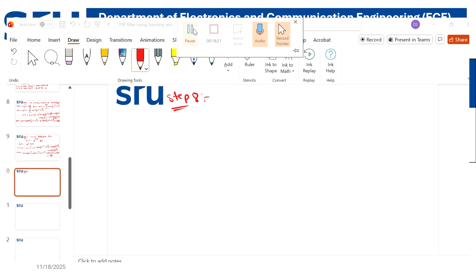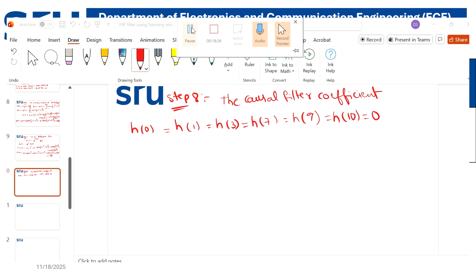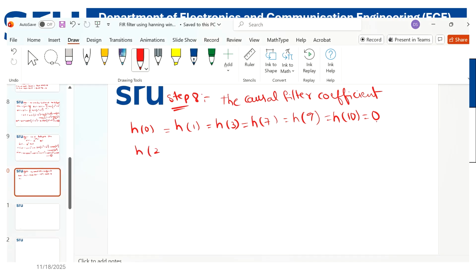Step number 8 is based on finding the causal filter coefficients. Using equation number 3, we have identified that h of 0, h of 1, h of 3, h of 7, h of 9 and h of 10 coefficients are missing. Those are equal to 0. And also we have identified that h of 2 coefficient is equal to h of 8 coefficient, that is equal to 0.0365.